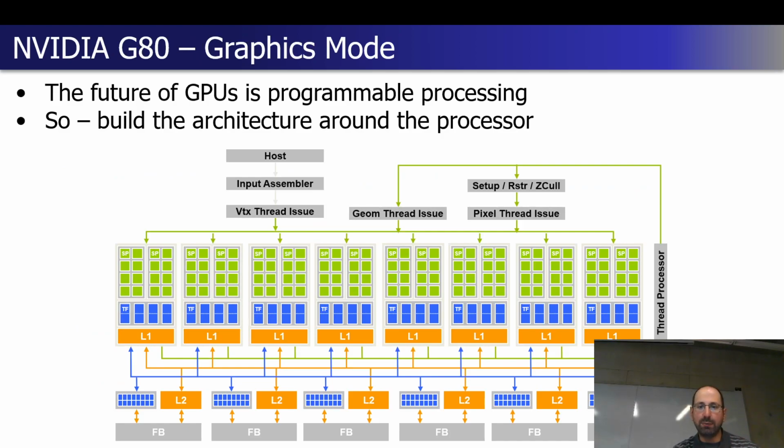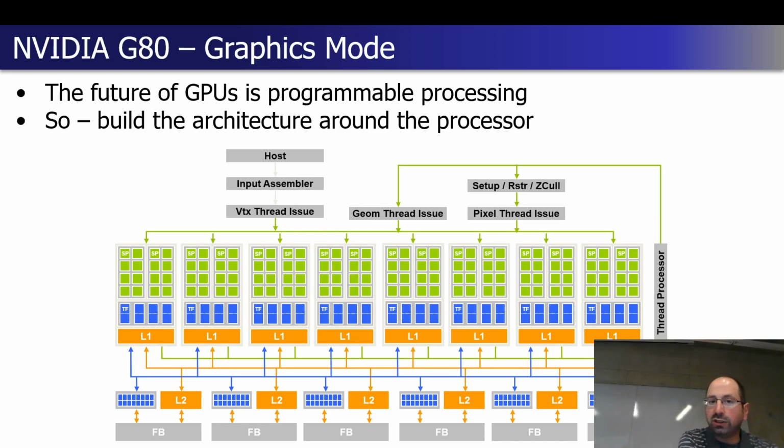This is the first example architecture, NVIDIA G80, that had the unified streaming processor. At a very high level, conceptually, the thought was, if the future of GPUs is around programmable processing, we're going to build the architecture around the processor. If the past of GPU architectures was on rasterization-based shading, we build the entire architecture around the rasterizer.